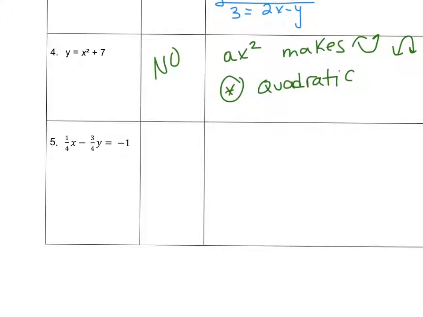Next guy. When you first look at this, you don't know for sure if it is linear because you might think to yourself, well, there's denominators. However, I could destroy the denominators. So let's say I'm going to multiply everything by 4.